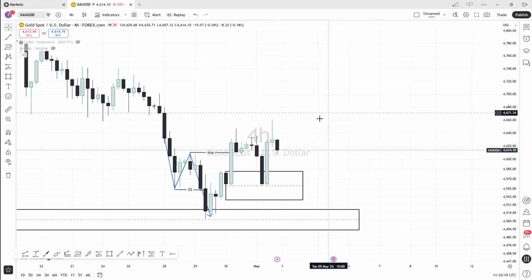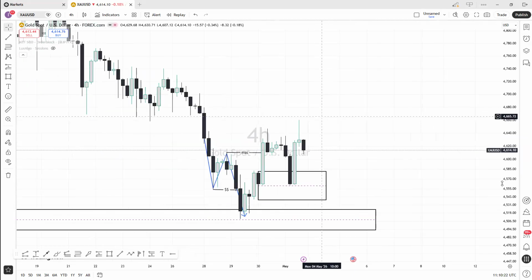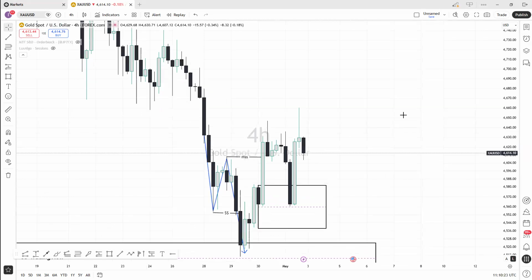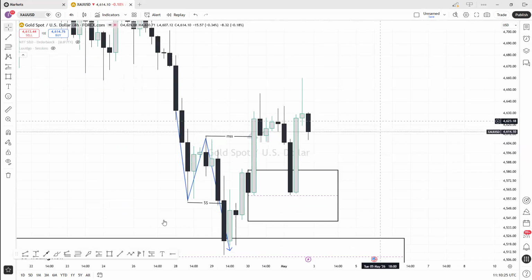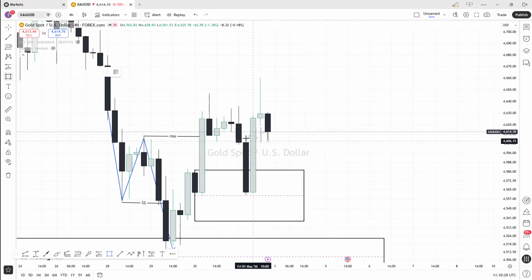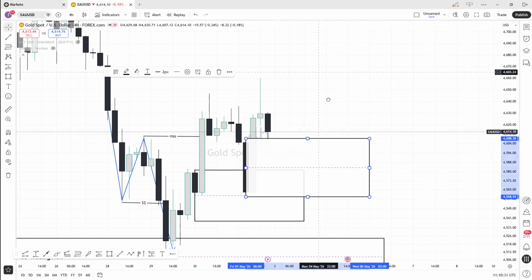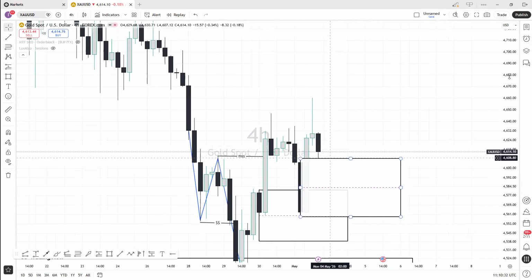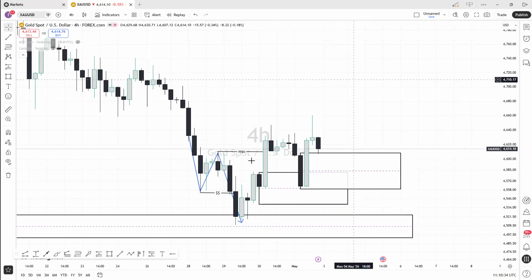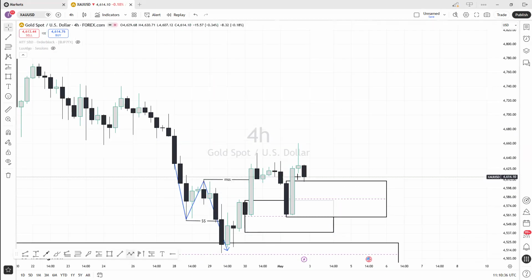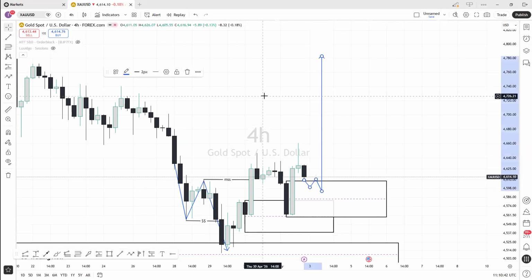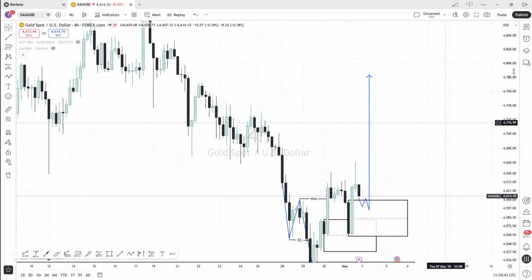So for next week, on Monday, you can see here on the same time frame, the higher time frame has this propulsion. So we have to wait for a reaction on this propulsion. We have to wait for a structural market shift on this propulsion, and then we'll find buys from that propulsion.